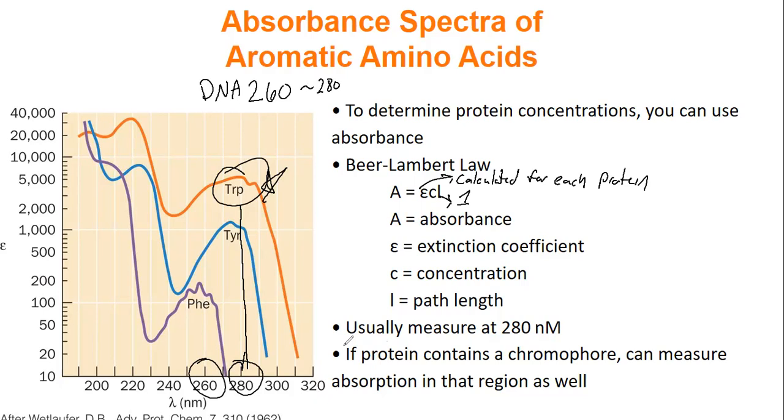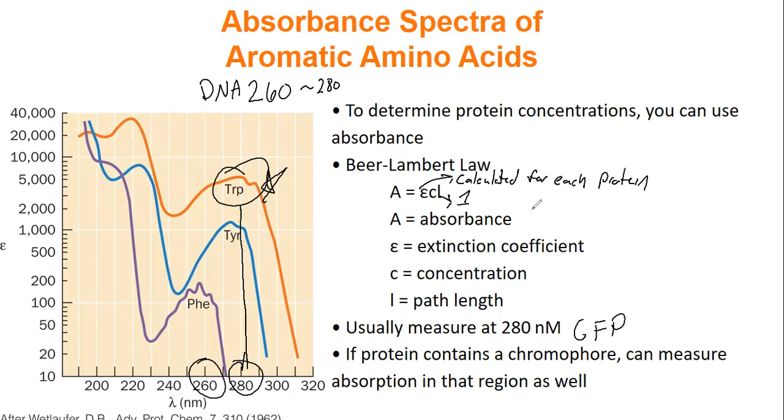Your example there would be GFP. We talked about how GFP can glow if you shoot certain light at it. It can do that because it has what's called a chromophore, which is just a part of a protein that can absorb and emit light. So if you know your protein has a chromophore already, you don't need to measure at 280. You can just measure at whatever the absorbance of that chromophore is.